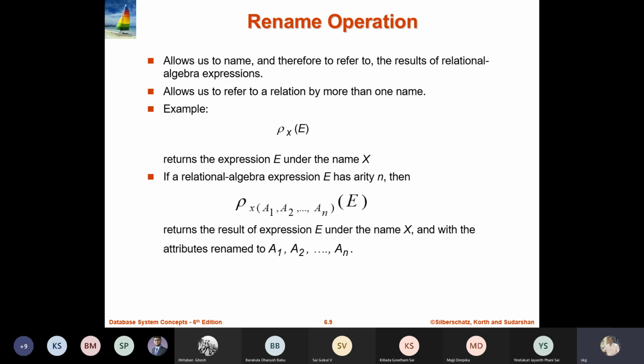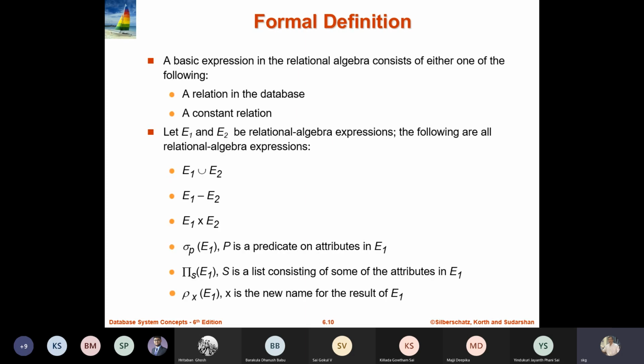We will see in a number of cases that this rename operator will be helpful, especially while joining a number of schemas or relations.